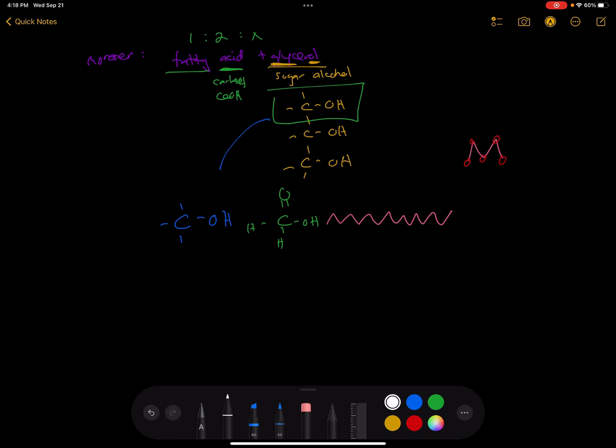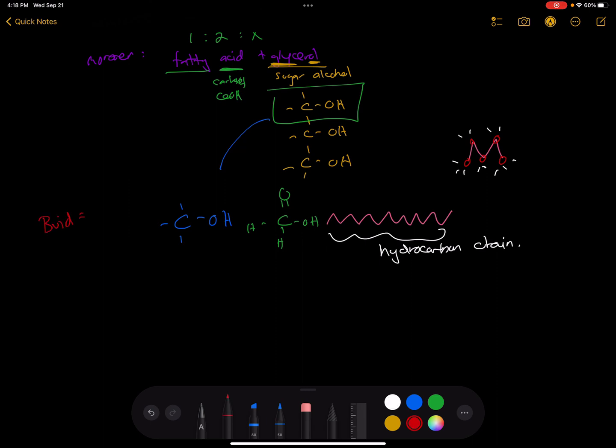And then off of those carbons, I have the rest of the 4 bonds filled with hydrogens. And so this right here is going to be a hydrocarbon chain.